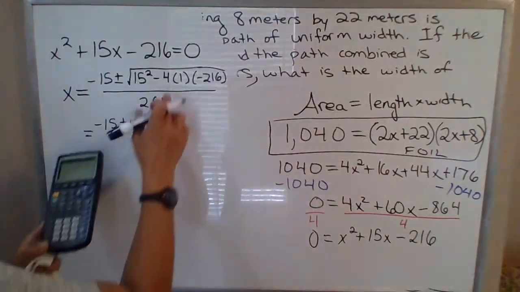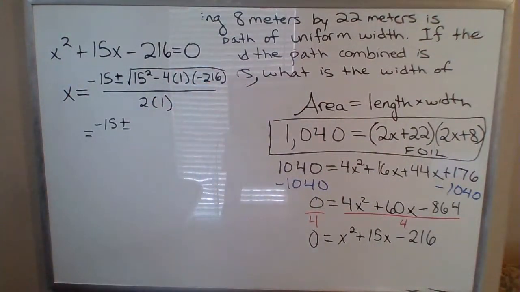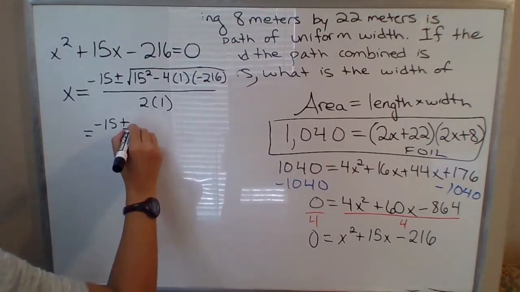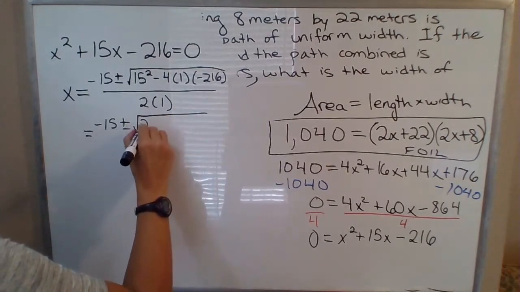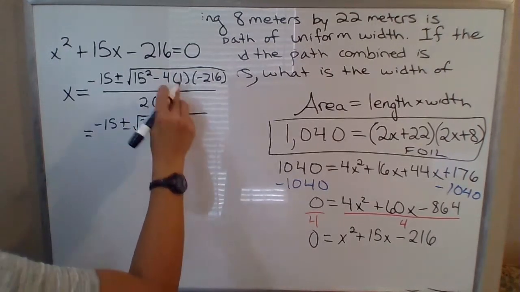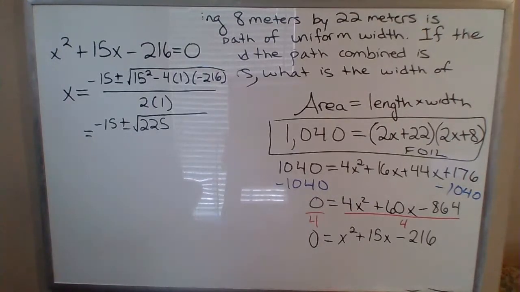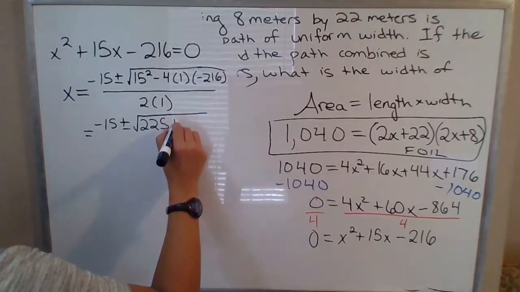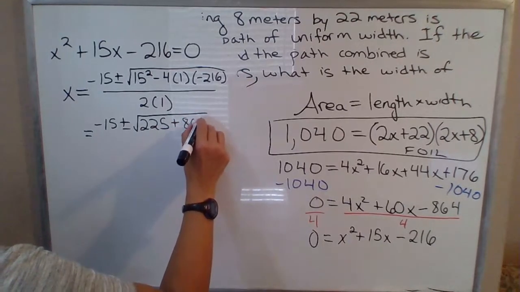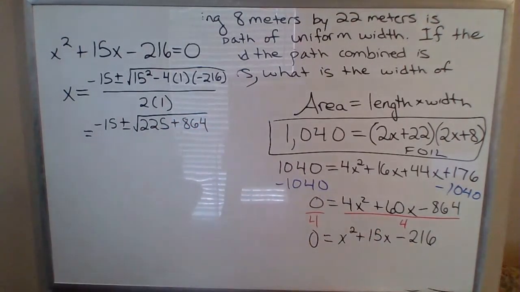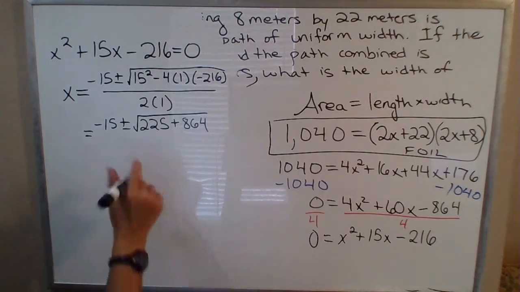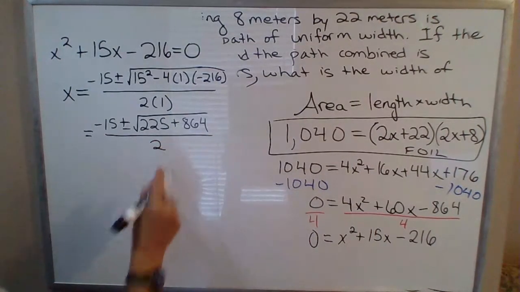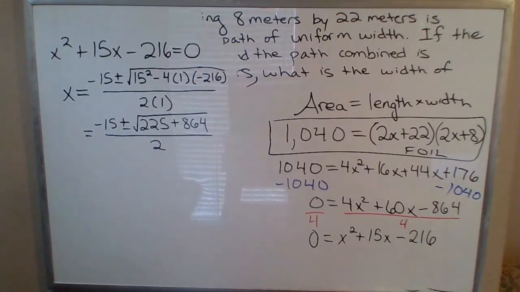And then this is going to become plus 225 plus 4 times 216. Oh, that's 864, because we just divided by 4 and got that. All divided by 2. So when you add 225 to that, we get 1089.